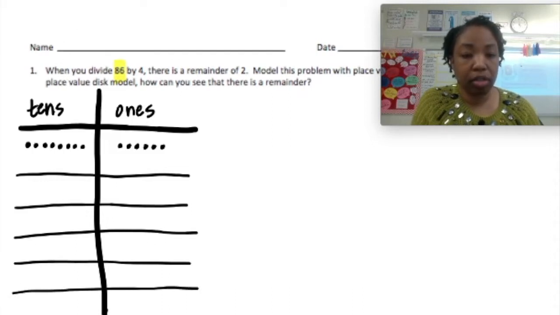Now I'm going to start dividing in the tens column. I'm going to cross out or group count by 4s. And I'm going to put 1 in each group.